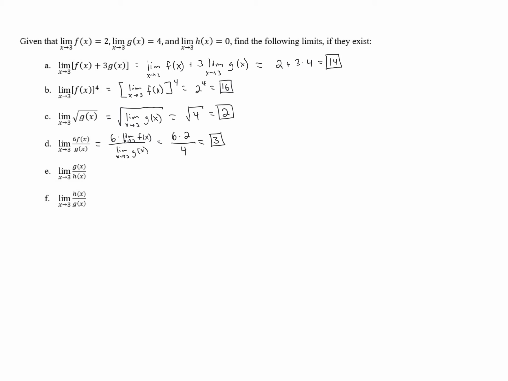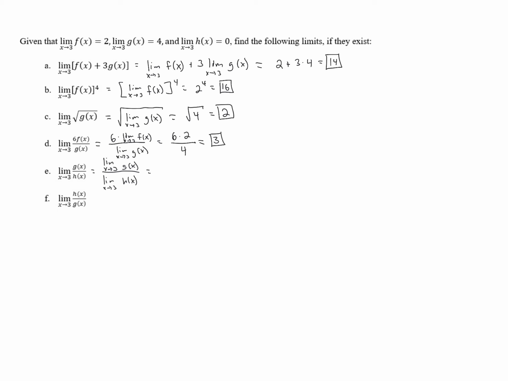All right, so for E, if we were to try and split this up and write it as the limit of g of x over h of x, in fact, let's write that out. The limit as x approaches 3 of g of x over the limit as x approaches 3 of h of x.